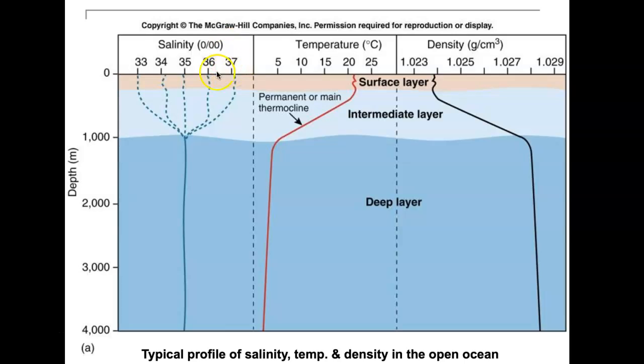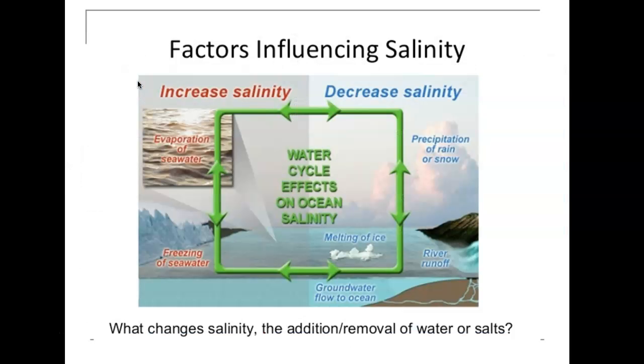Your salinity may be much higher if you're getting a lot of evaporation. It's really hot, not a lot of precipitation. Here, salinity may be much lower if you're getting a lot of freshwater input, a lot of rain, or a lot of freshwater runoff. So again, salinity is going to vary vastly at the surface.